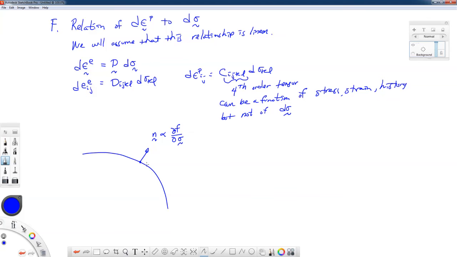And if we're going to have a loading, we haven't talked about the loading criterion yet, but if we have loading, if we have continued plastic flow, we have to have a d sigma vector that points somewhere outside and away from the yield surface.